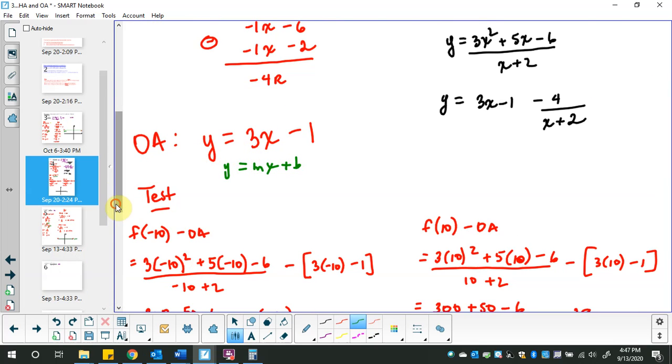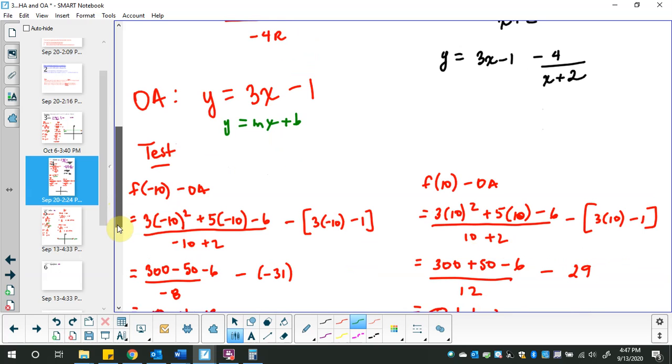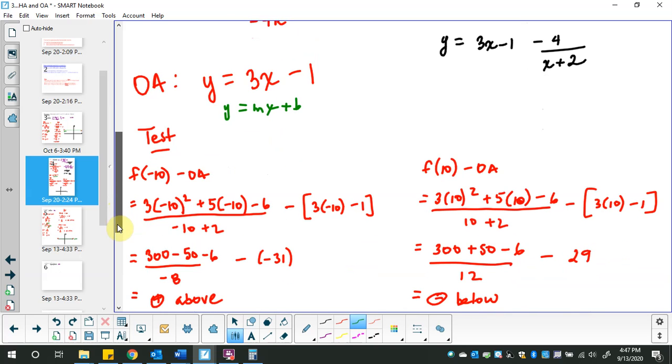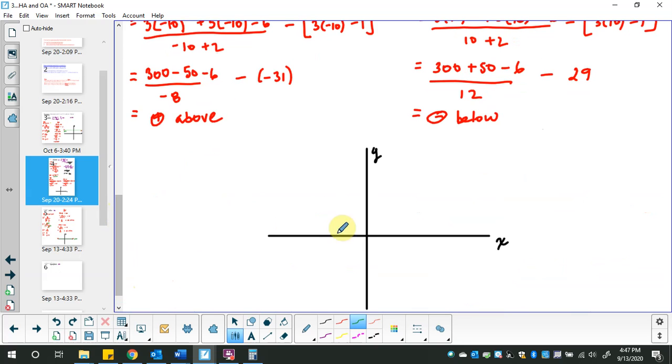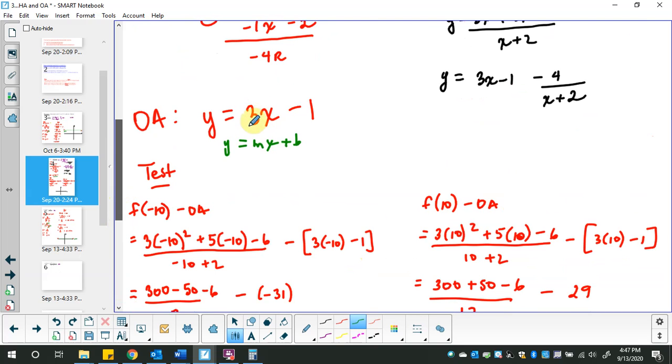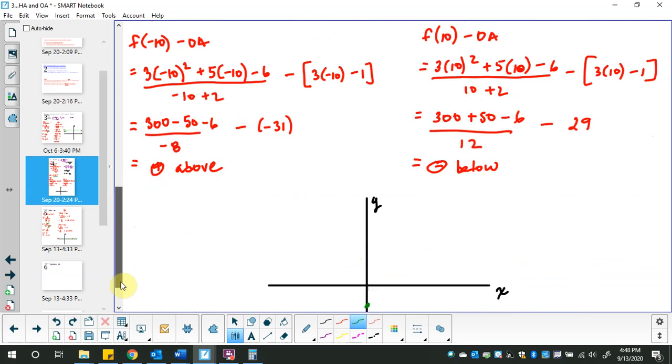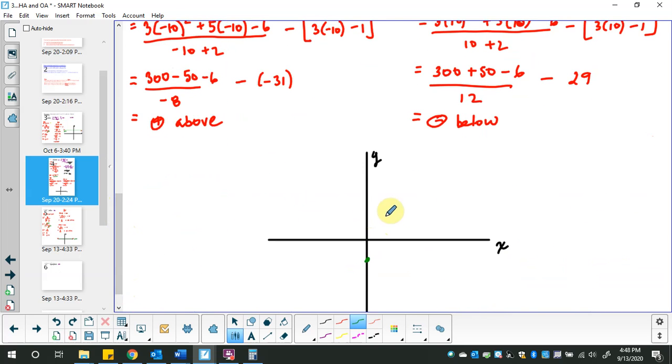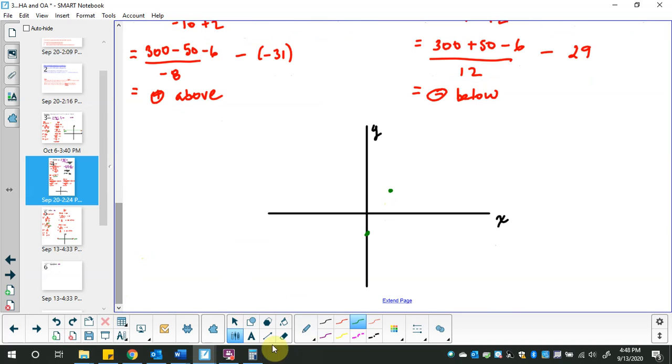So that means that I have to go to -1 on my y-axis, and then I have to go up 3 over 1 from there, reasonably to scale, and then I have to draw my asymptote.